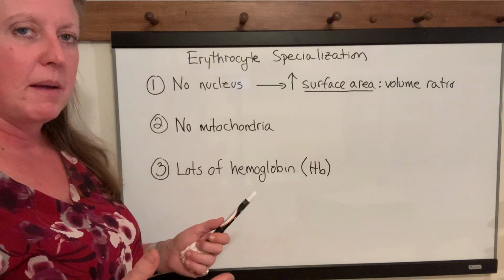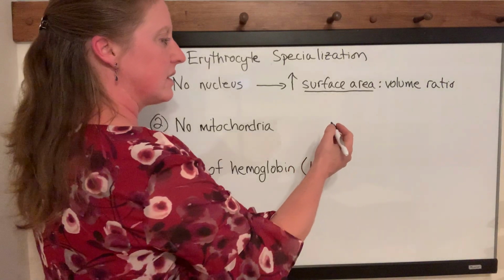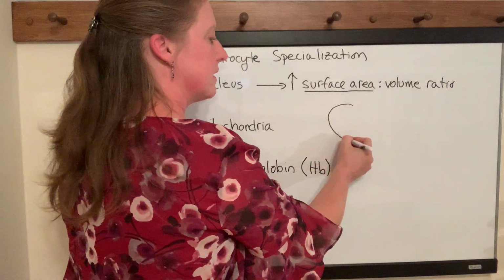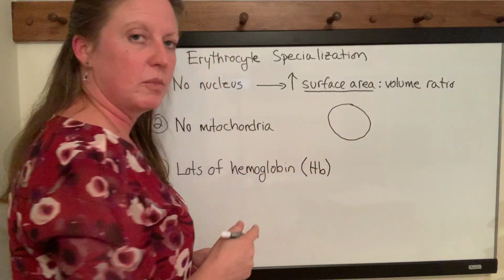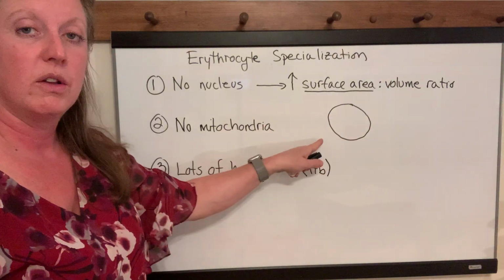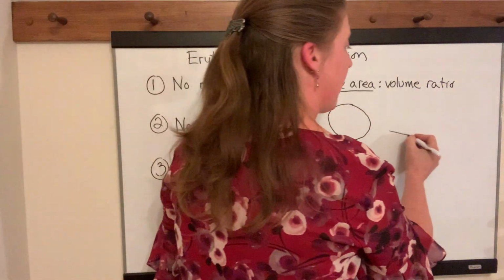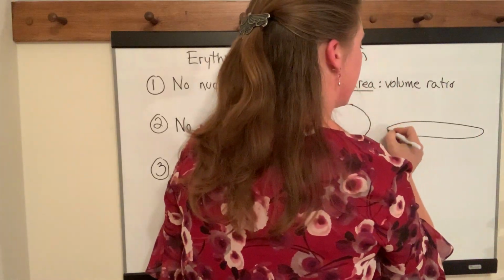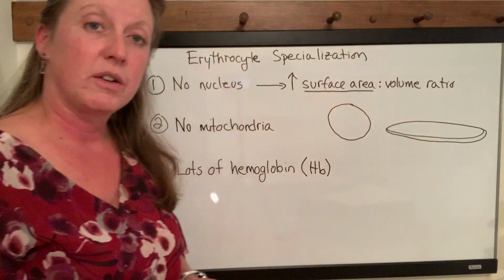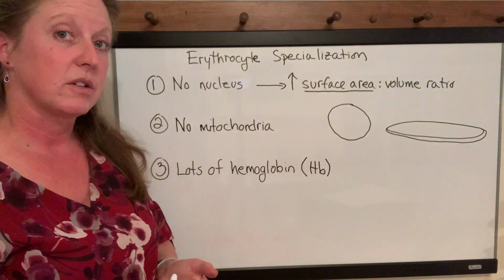Now, to make that make a little more sense, let me give you a scenario where I go and buy 2 balls of pizza dough at the store and I'm going to bake them at home. One of them I leave as a ball like this, but the other I flatten out so that it looks like a pizza. Now, which one of these is going to bake faster?